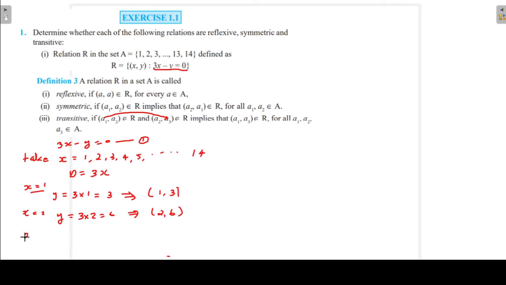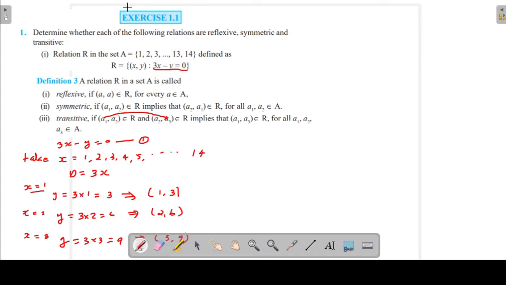Next, x equal to 3: y equals 3 threes are 9, so the point is (3, 9).